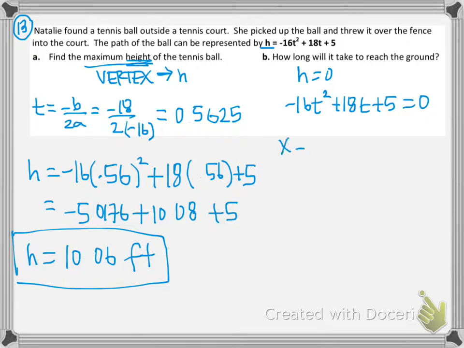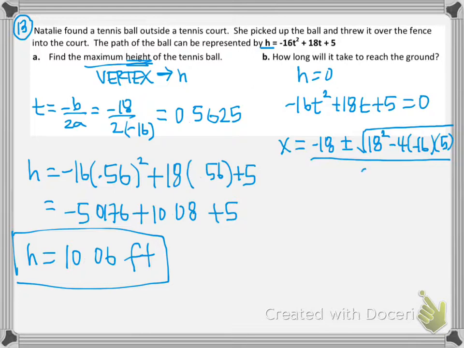So the quadratic formula is negative b, so it's going to be a negative 18 plus or minus the square root of b squared, so 18 squared minus 4 times a times c, all over 2 times the negative 16.